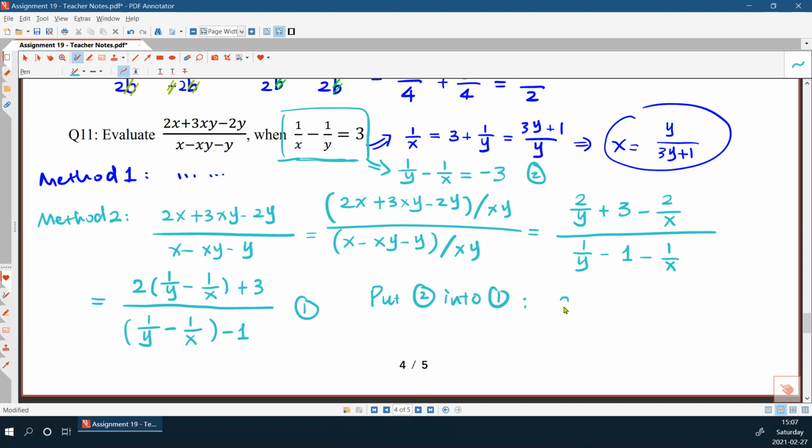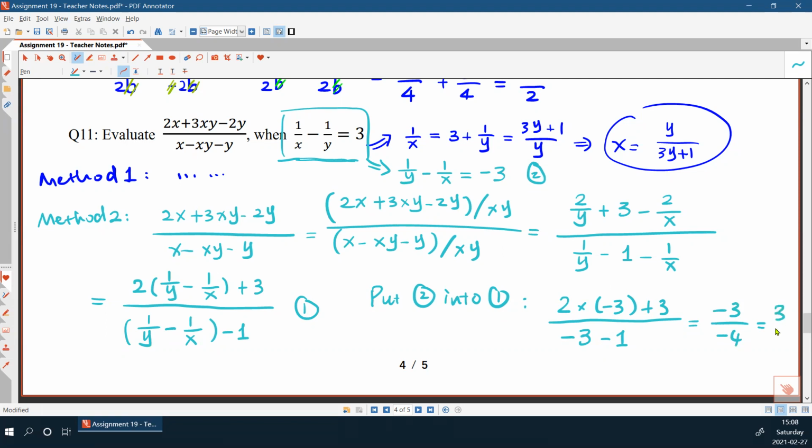Then we will get 2 times minus 3 plus 3, right? Over minus 3 minus 1, correct? Okay, and then this will give you minus 3 over minus 4.